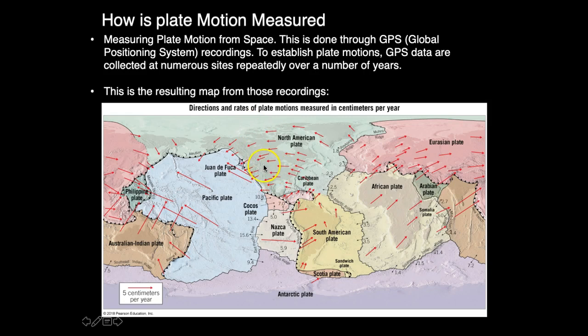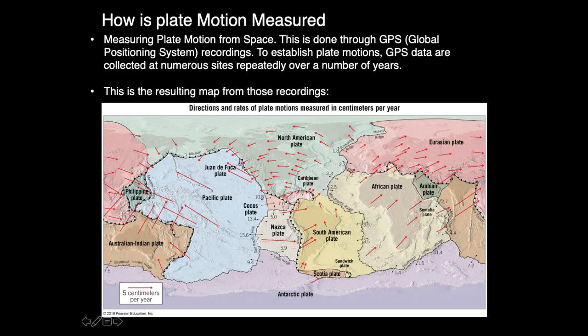So that kind of confirms our initial hypothesis. You also see that the Pacific plate is moving pretty much northwestward, also confirming the hotspot hypothesis for the Hawaiian Islands, and it is moving at a very high speed, which is also what I had suggested.